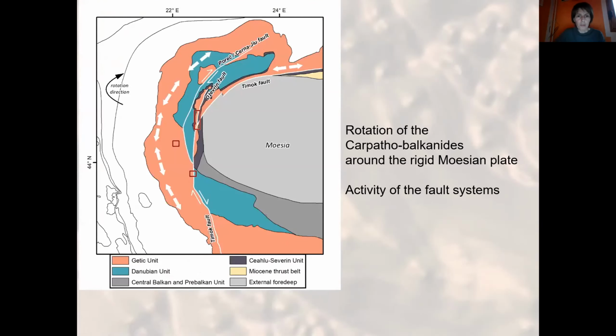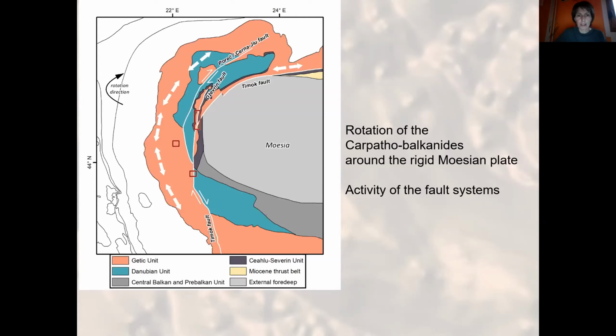Just to make some geological introduction or broader geological setting. So these are the Carpathian Balkan mountains, and there is a strong pressure from the west. So that's why the Carpathian Balkan Mountains are somehow surrounding the very, very strong and rigid Moesian plate.